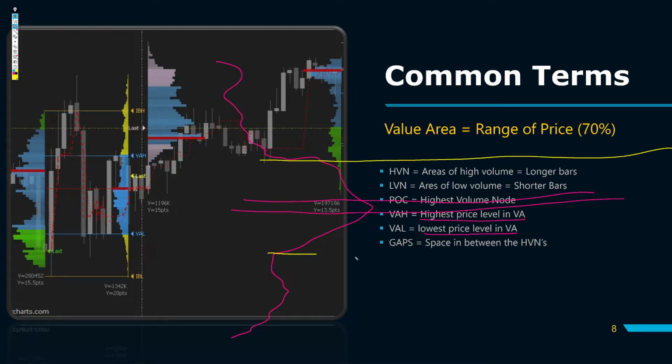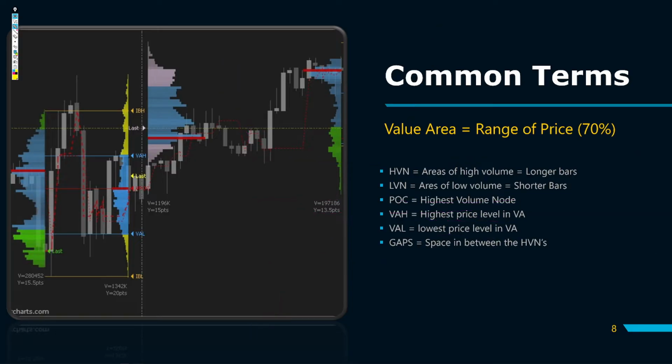When you get above this area, you've got range to your next volume area, or range to the downside if you get below. Okay? And then gaps are the space in between the HVNs, or the high volume nodes. Okay. Any questions on these?